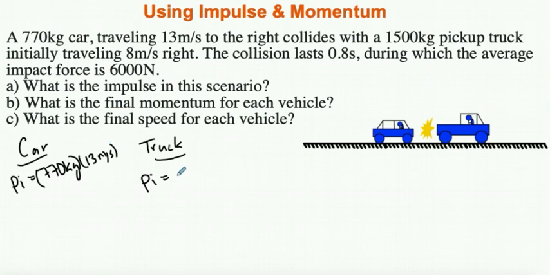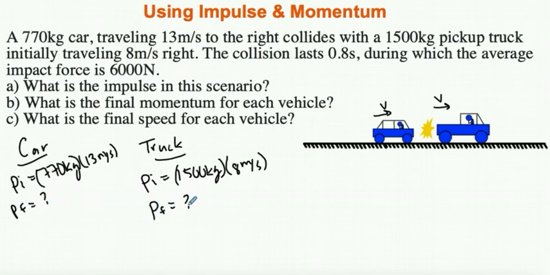And then the truck, excuse me, the truck is 1,500 kilograms, and its speed is 8 meters per second. They're both going to the right here. Okay, so both velocities are going to the right for both of these. So they're going to hit each other, and then we're going to see what we get afterwards. So we don't know what the final momentum is for either one of these. But that's what we're going to find.